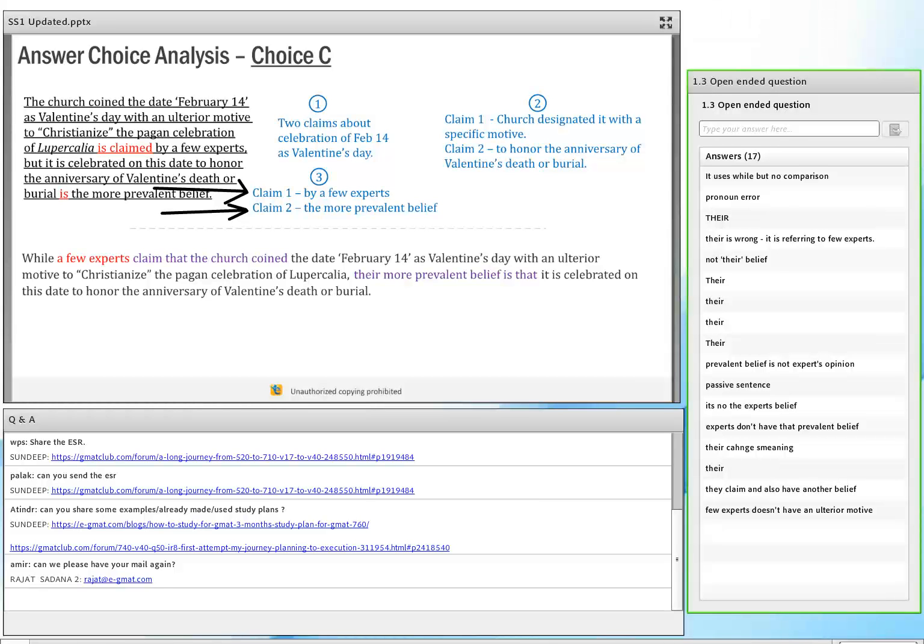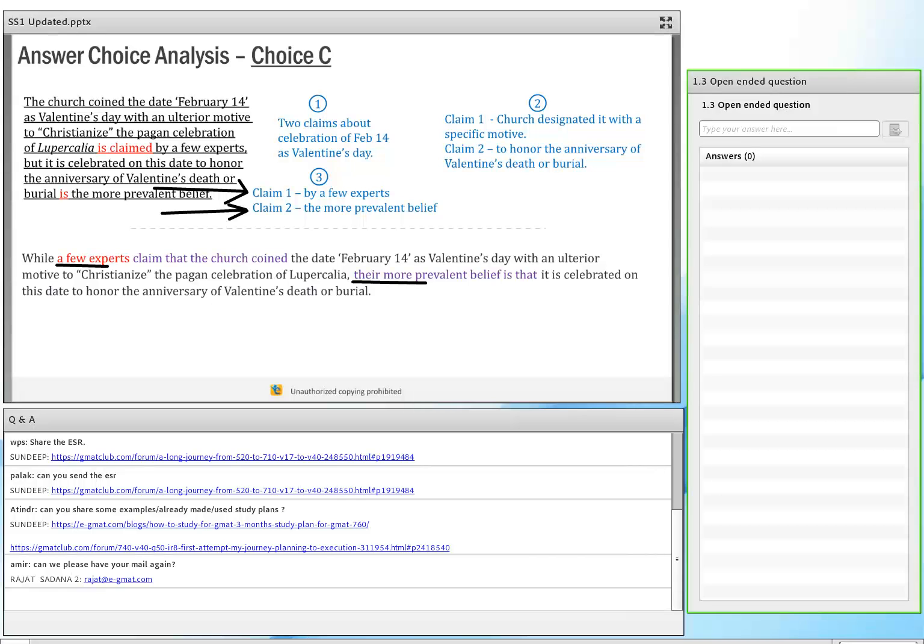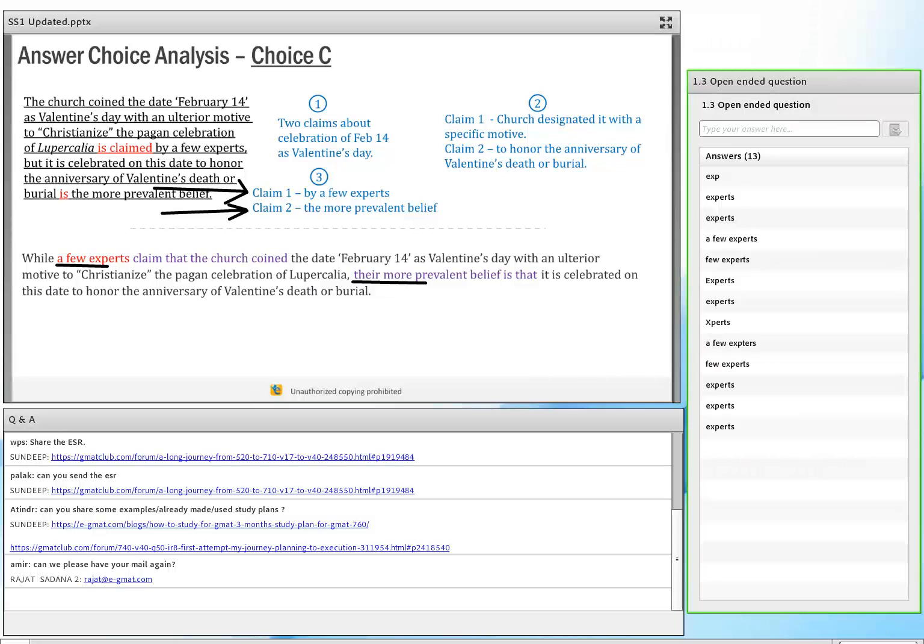Choice C says, while a few experts claim that the church coined the date with an ulterior motive to Christianize the pagan celebration, there, who does there refer to over here? The same experts. Is that what the author intends to communicate? No, it's not the same set of experts. These were two different groups of experts in choice A.